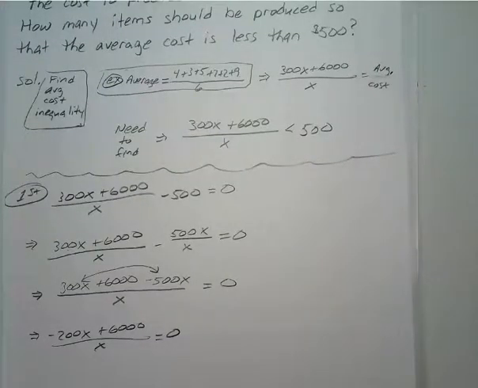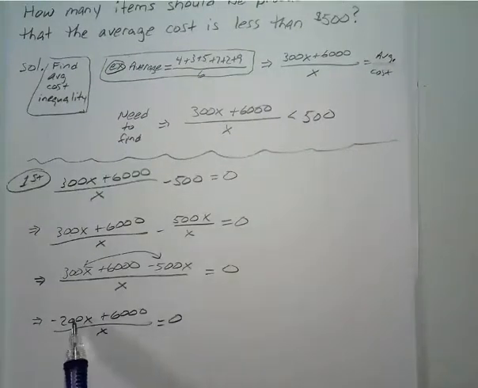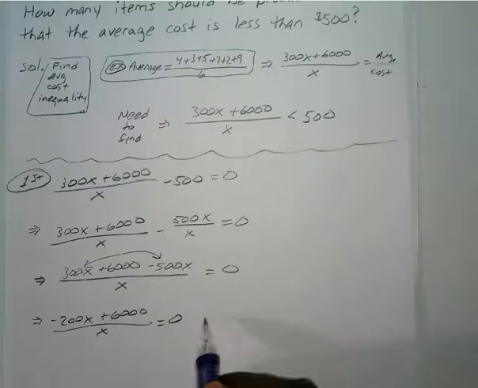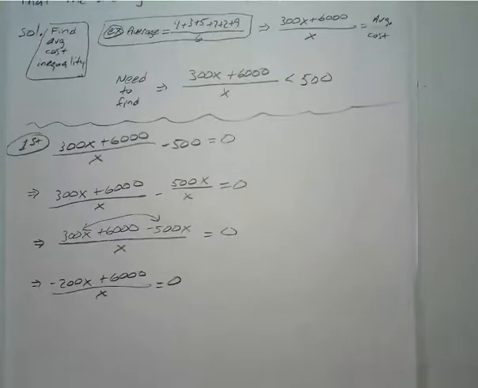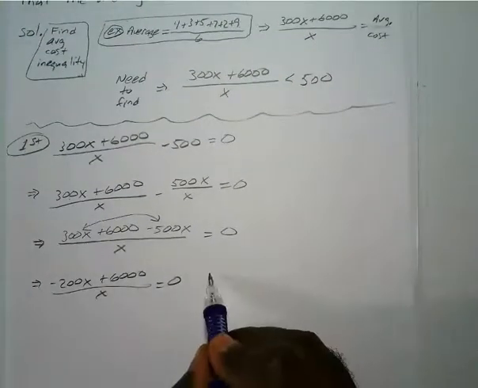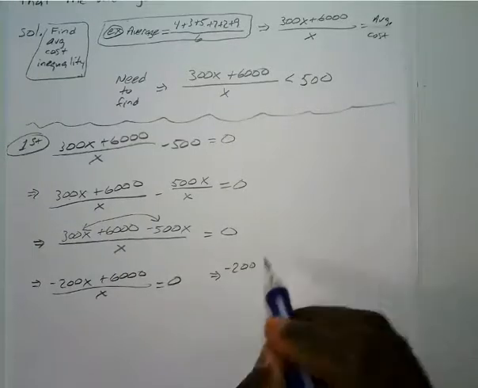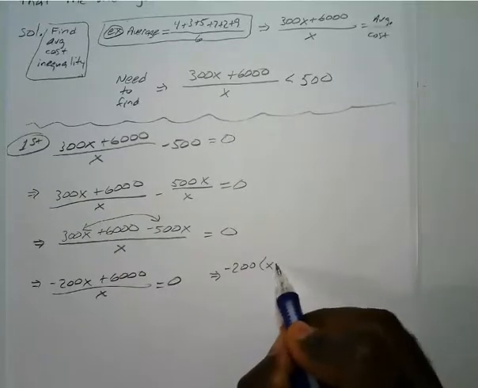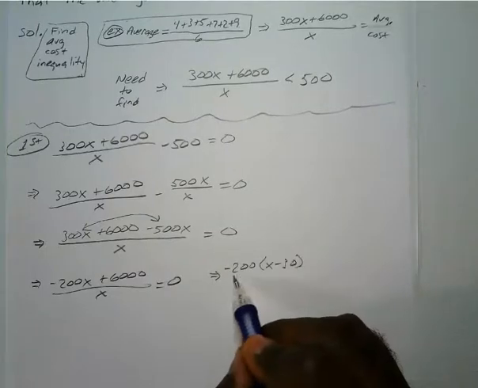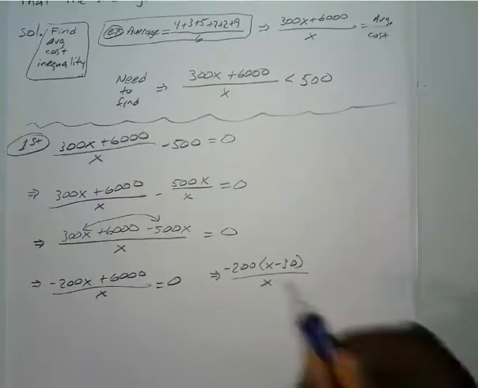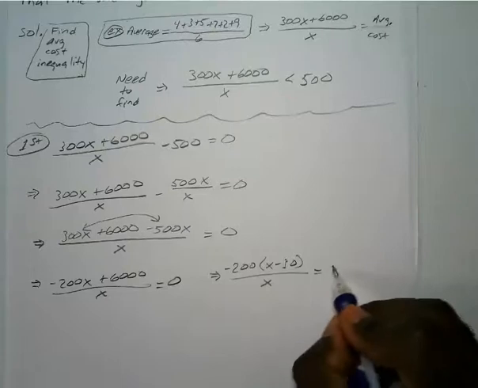Now we know that this is going to be true when we make that equal to 0, but we can make our work a little easier. Just factor negative 200 out of both of those. So you have negative 200 times x minus 30 over x equals 0.